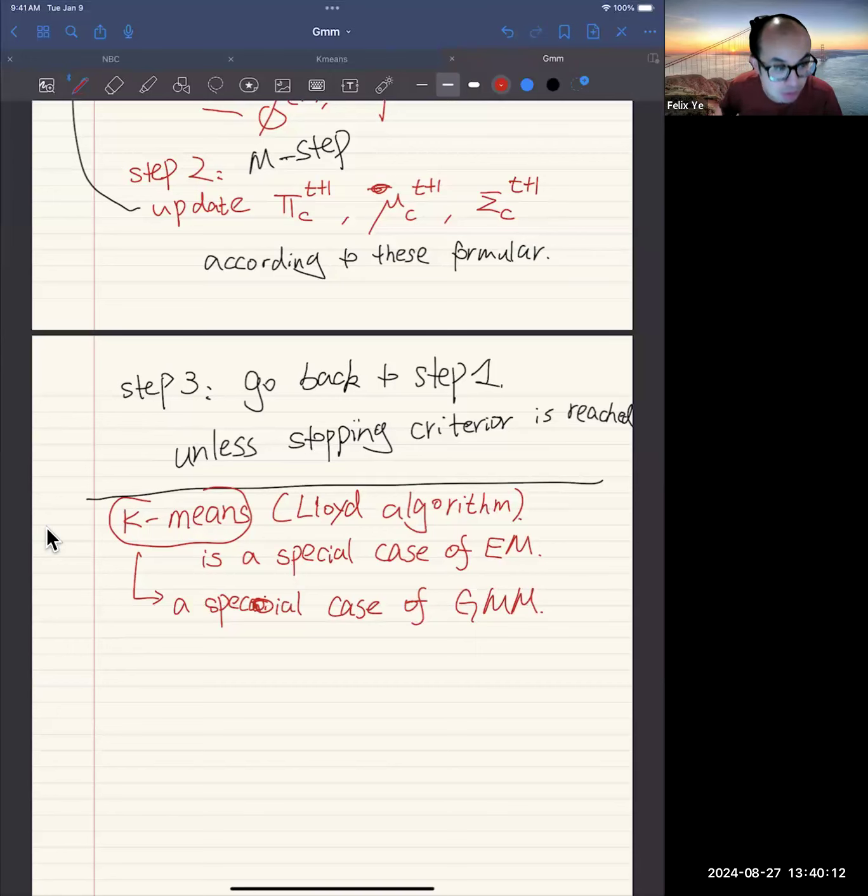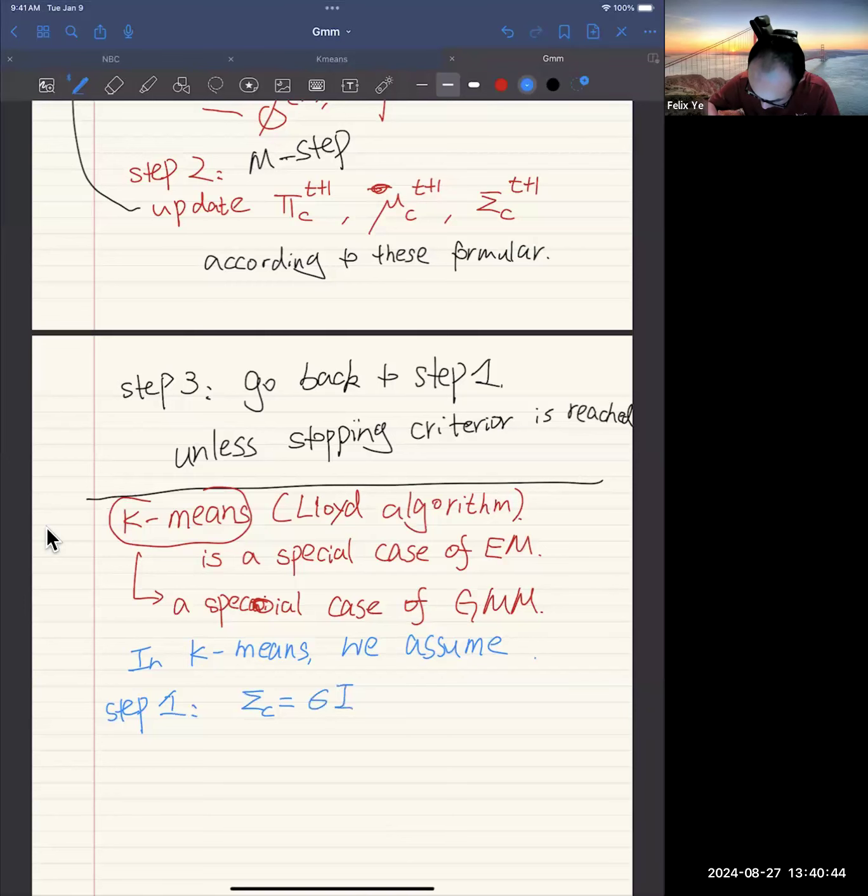So you can think about k-means. If we want to use k-means, the data has to be generated as follows. We assume, step one, all of my sigma c is round shaped.